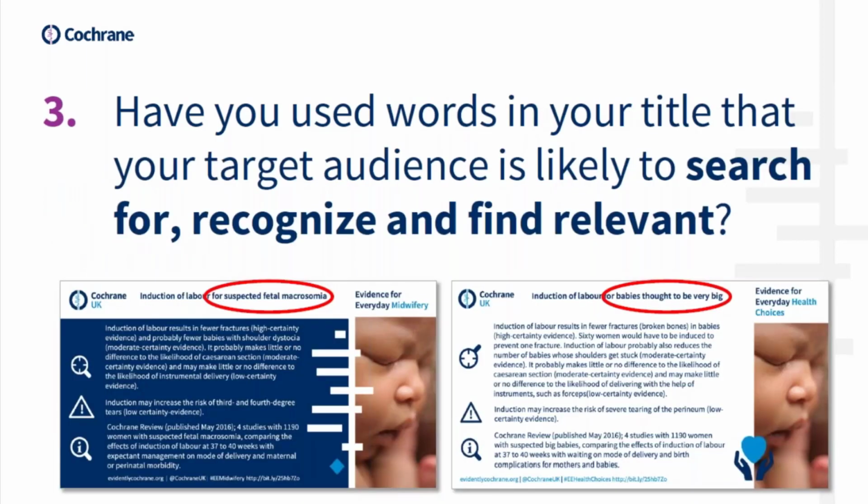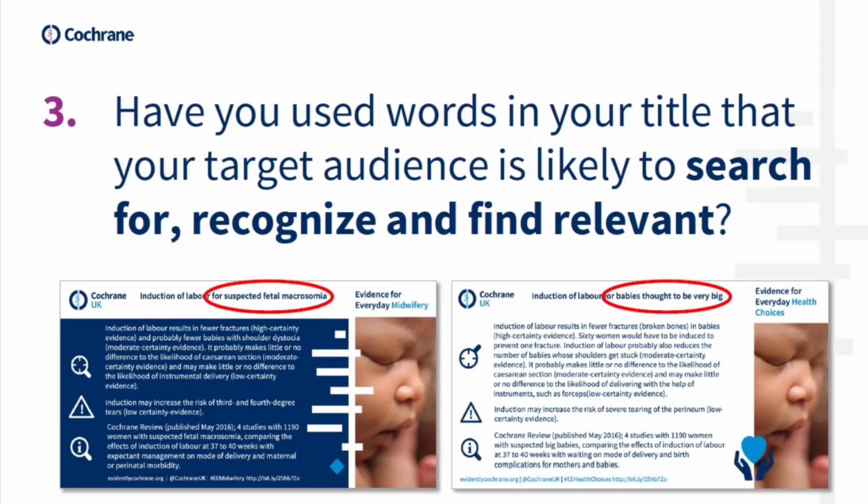Item 3, have you used words in your title that your target audience is likely to search for and recognize and find relevant? This is an example from Cochrane UK. In this case, they've made 2 different blogshots on the same review, but for different audiences.